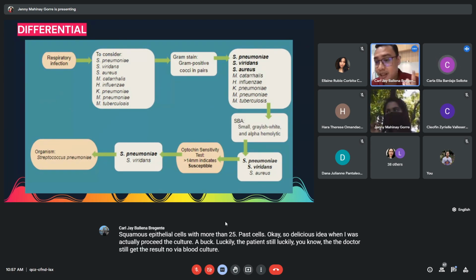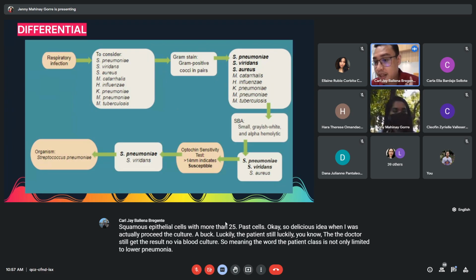So meaning the patient, class, is not only limited to lobar pneumonia. The actual diagnosis of the patient is community acquired pneumonia with bacteremia.